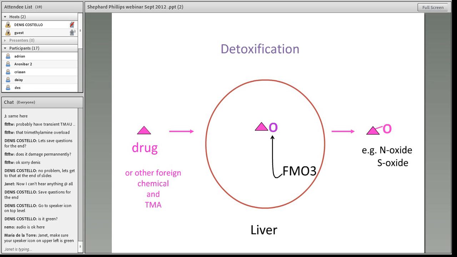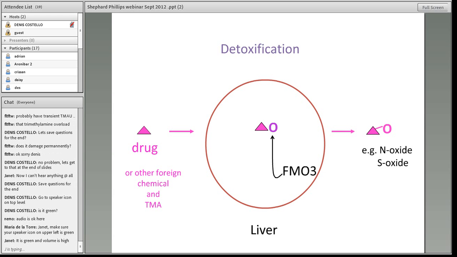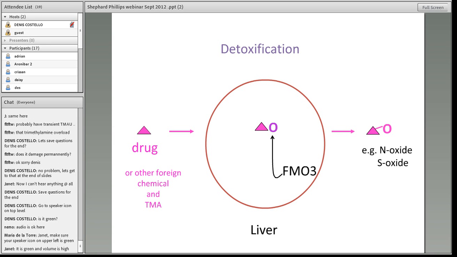If there's a nitrogen on the drug and the oxygen attaches to the nitrogen, we call it an N-oxide. But many drugs have a sulfur, and if the oxygen attaches to the sulfur, we call that the S-oxide. So I'm showing a drug, but it can be another foreign chemical, and of course I've already mentioned trimethylamine.